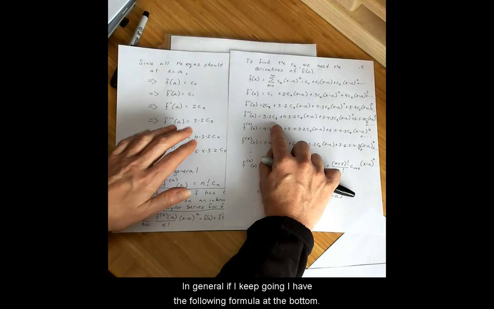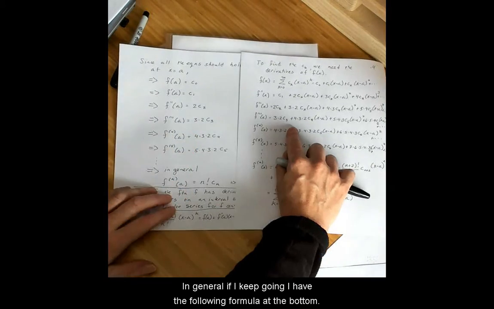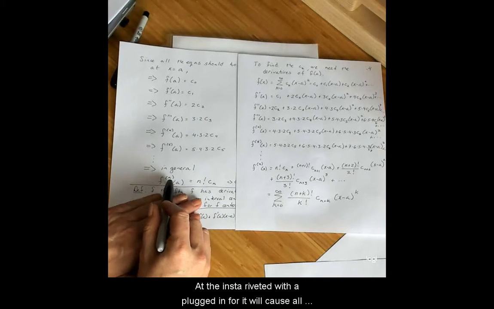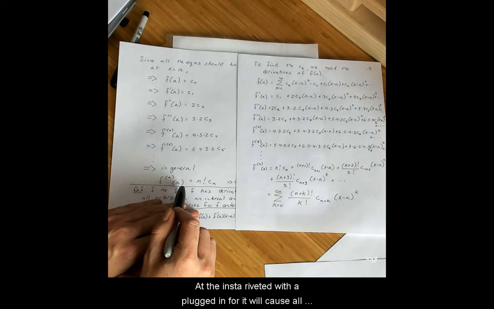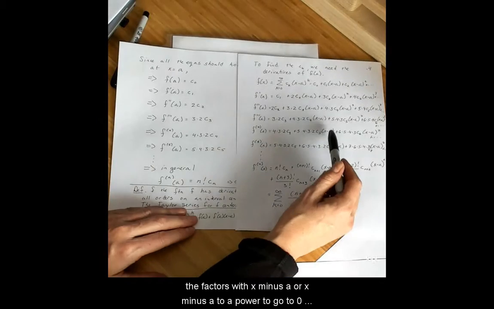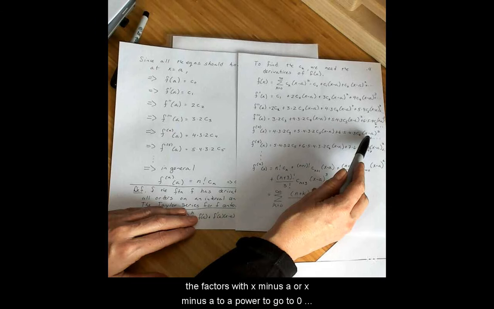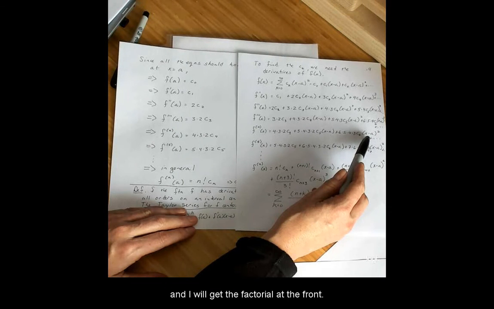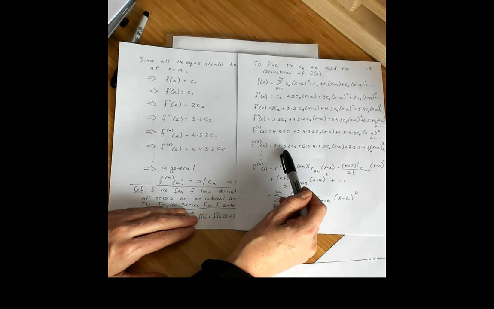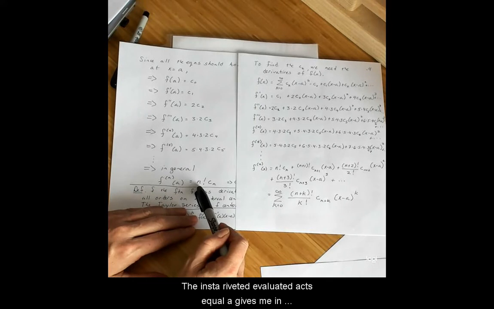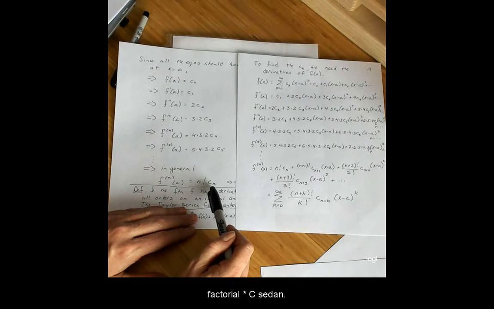In general, if I keep going, I have the following formula at the bottom: the nth derivative with a plugged in for it will cause all the factors with x minus a or x minus a to a power to go to 0, and I will get the factorial at the front multiplied by that coefficient. So in general, the nth derivative evaluated at x equal a gives me n factorial times c sub n.